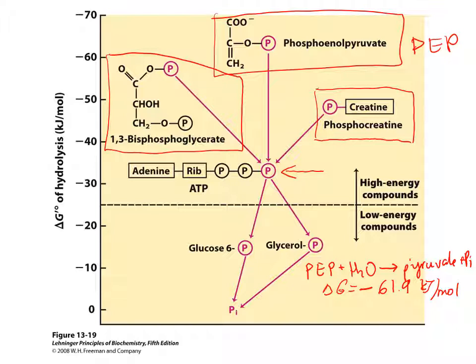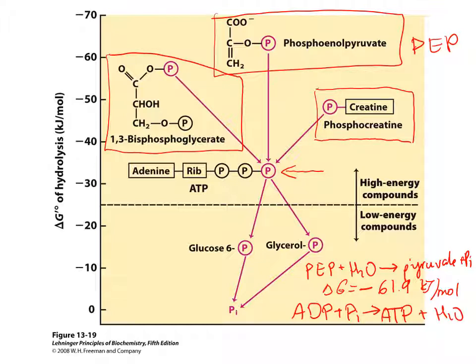Okay, now our phosphorylation of ADP: ADP plus phosphate should yield adenosine triphosphate plus H2O.